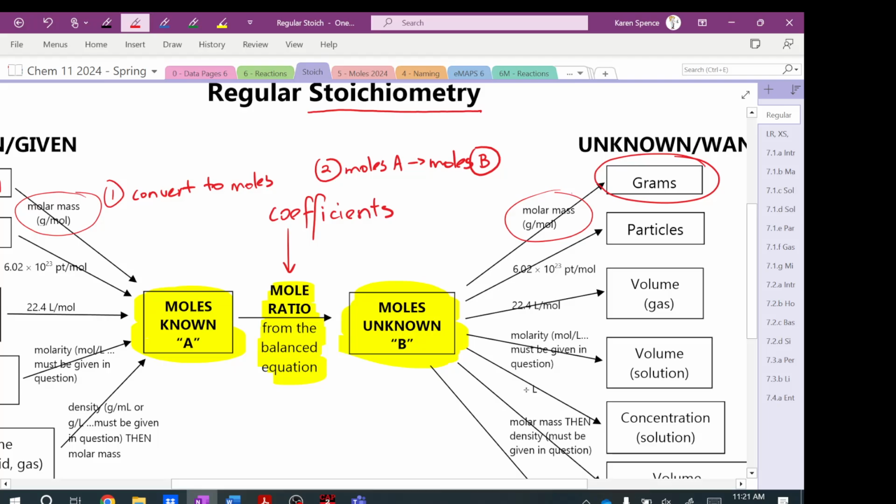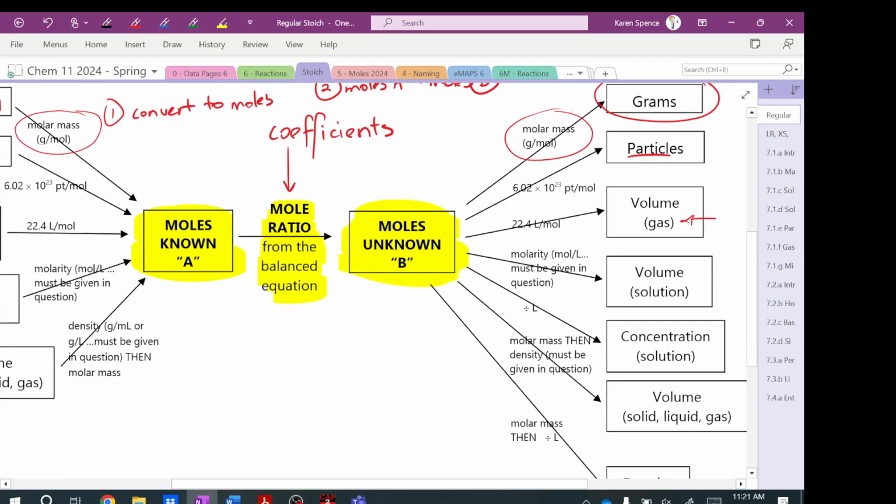Maybe you're asked to find the number of particles and you use 6.02 times 10 to the 23. Maybe you're asked to find the volume of a gas and you use 22.4 liters per mole. Maybe you're asked to find the volume of a solution and you use the molarity.